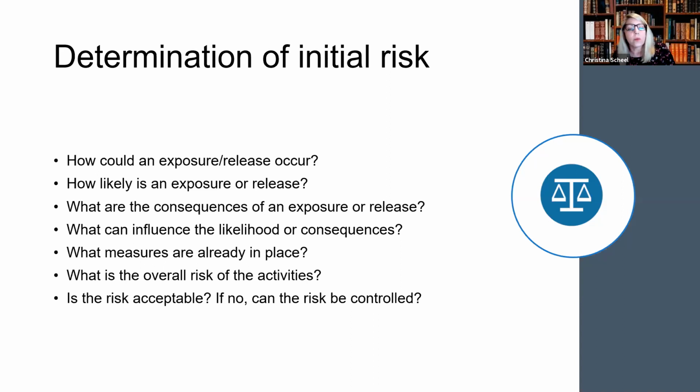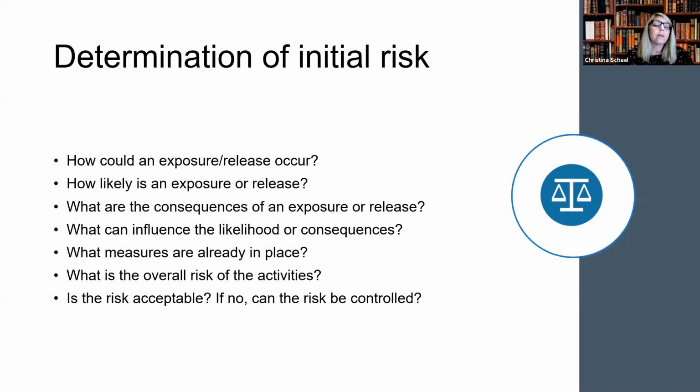What is the overall risk of the activities? What is the average risk? If you were to combine all risk of every activity, what is that? Is the risk acceptable? Acceptable meaning, is that risk tolerable to you?